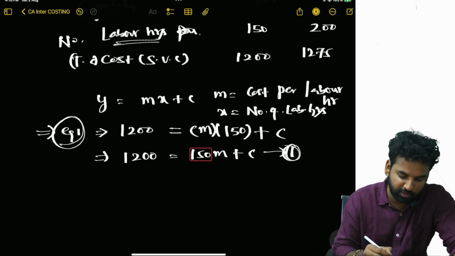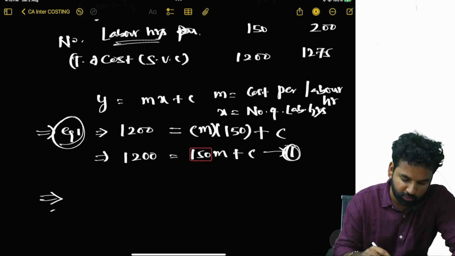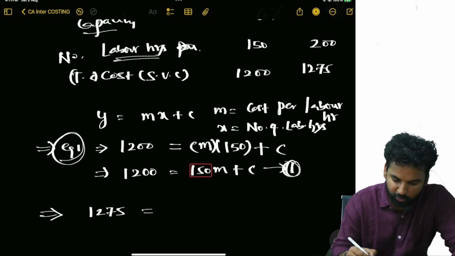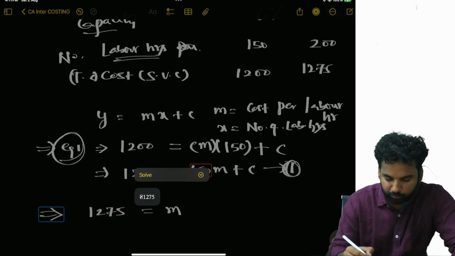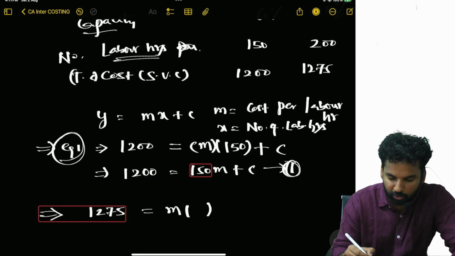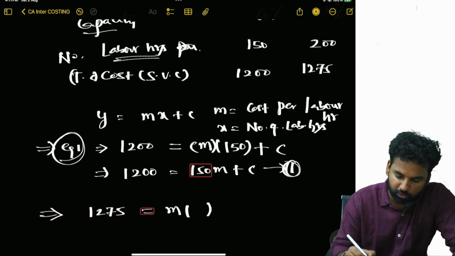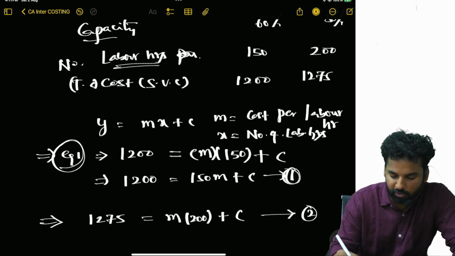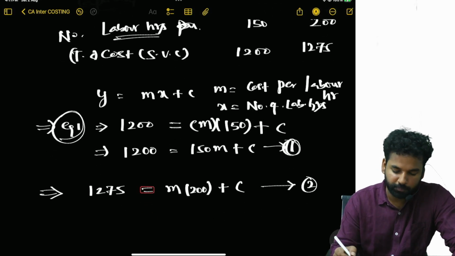In the same way, equation 2: 1275 is equal to m into the number of laborers 200 plus constant C. Right?